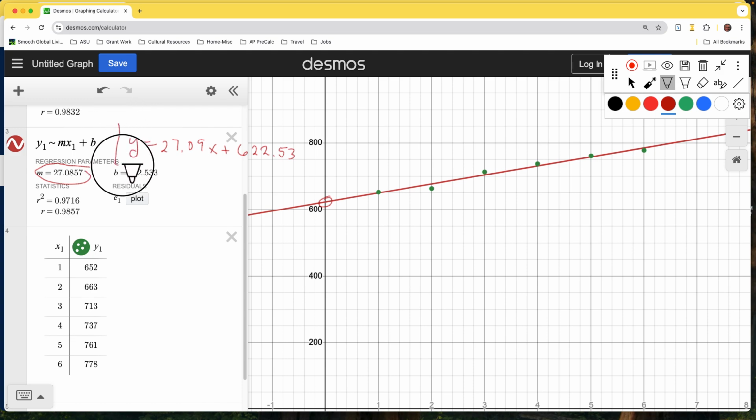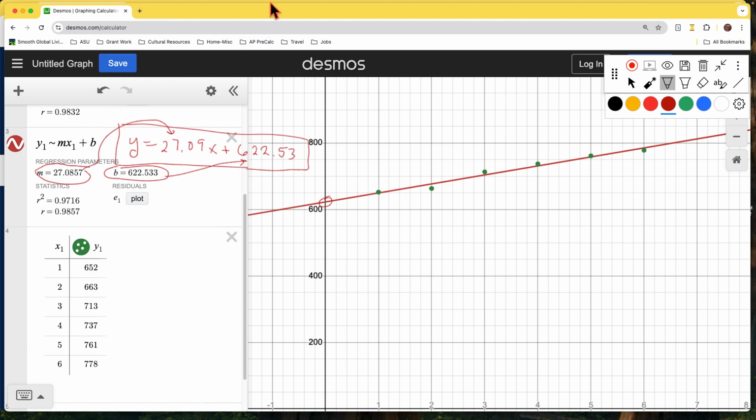That's all they're looking for, what is the equation of the line. So that would be the rounded answer. The important thing is to see where that's coming from. B comes from here, number there. M comes from here. And then you've got your y and your x.